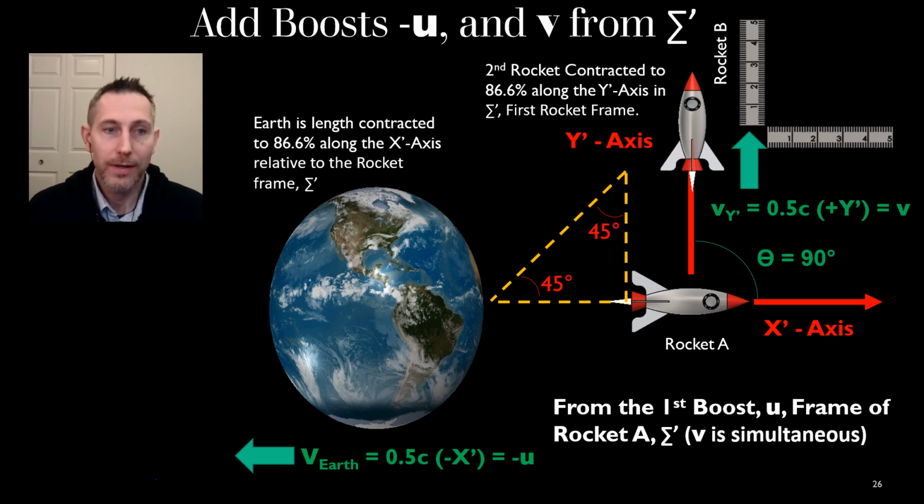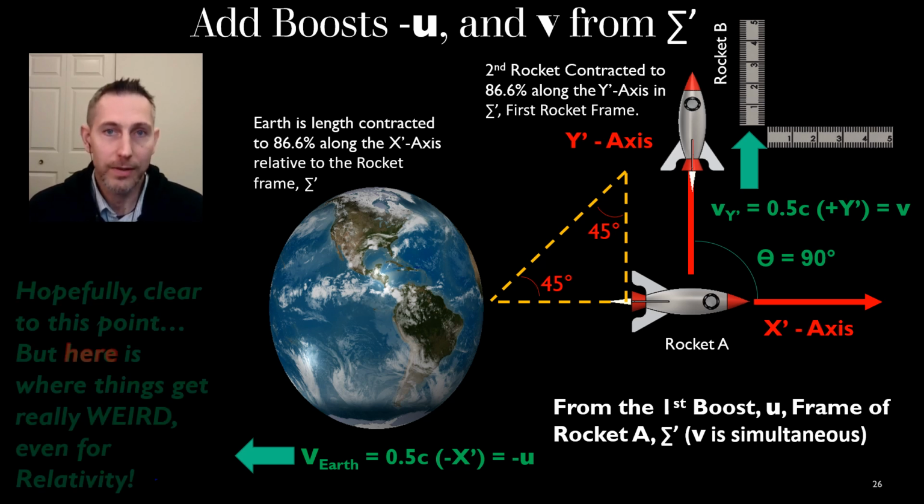Both the Earth in sigma and rocket B in a new frame sigma double prime are length contracted along their respective vector of motion relative to rocket A. And if both boosts occur simultaneously and instantaneously, then the apparent trajectories will have the symmetric geometry as shown relative to rocket A in sigma prime.